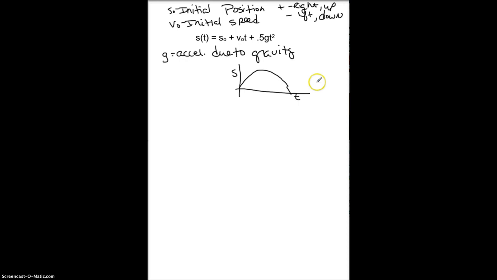And you have acceleration right here that we're going to call g. Now g has two values, and you're going to see both of them in problems. G is 9.8 meters per second squared. And you're going to see this in physics all the time. So 0.5 g is 4.9.